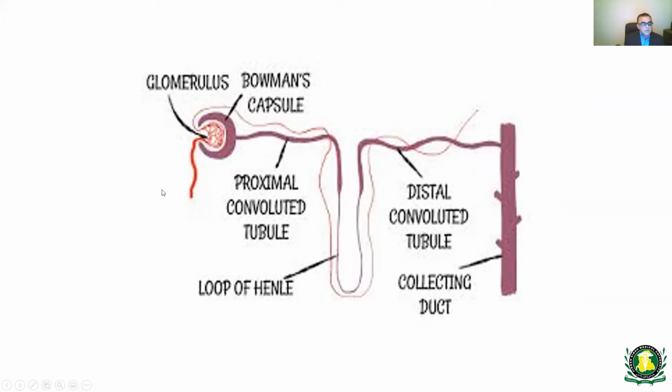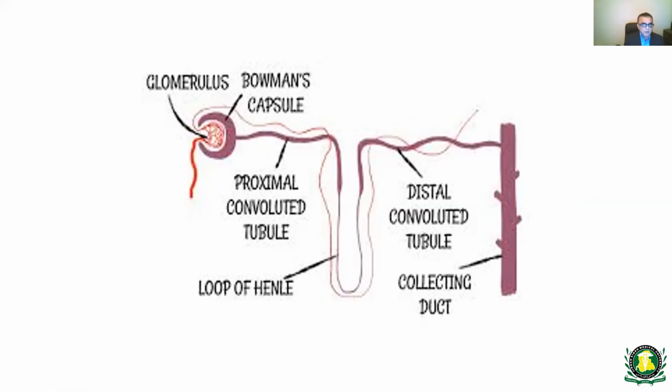And you see that this nephron has a glomerulus with the Bowman's capsule, proximal convoluted tubule, loop of Henle, distal convoluted tubule, and collecting ducts. So estimated glomerular filtration rate is usually calculated using MDRD formula.